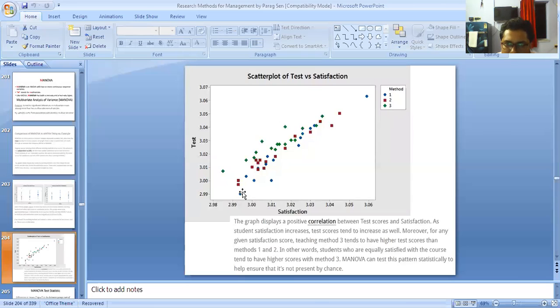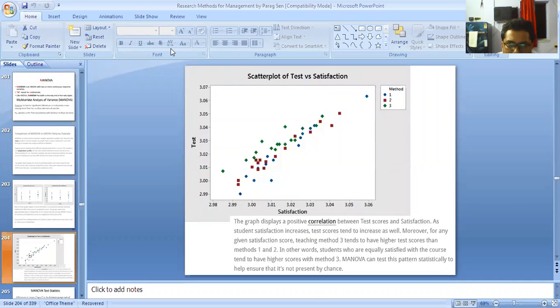Suppose somebody's satisfaction score is 3. If you consider 3 students who are going through 3 different teaching methods, one student who has the satisfaction level of 3 will get the score of 3 also, because he is going through teaching method 1.